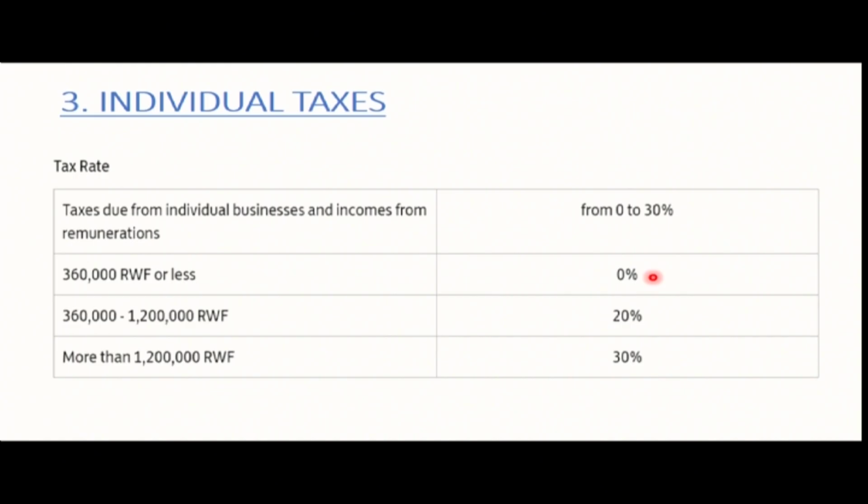If you have any business that is worth 360,000, the rate you have to pay is 0%. If you have between 360,000 up to 1,200,000 Rwanda francs, you need to pay 20% as tax. And if we have more than 1,200,000, you need to pay 30%. You see, there are some individual taxes you need.